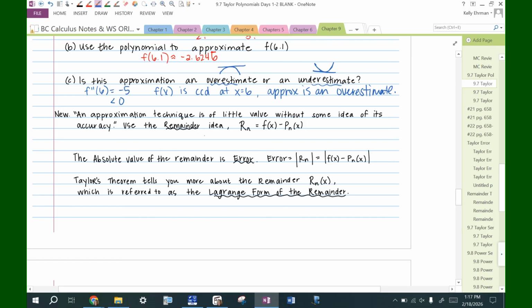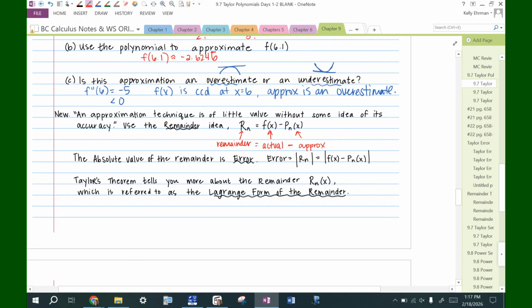The difference between the actual f of x and your approximation, which would be the Taylor polynomial, we say that difference is equal to r sub n, which is the remainder. I think that's what we called it for alternating series as well.